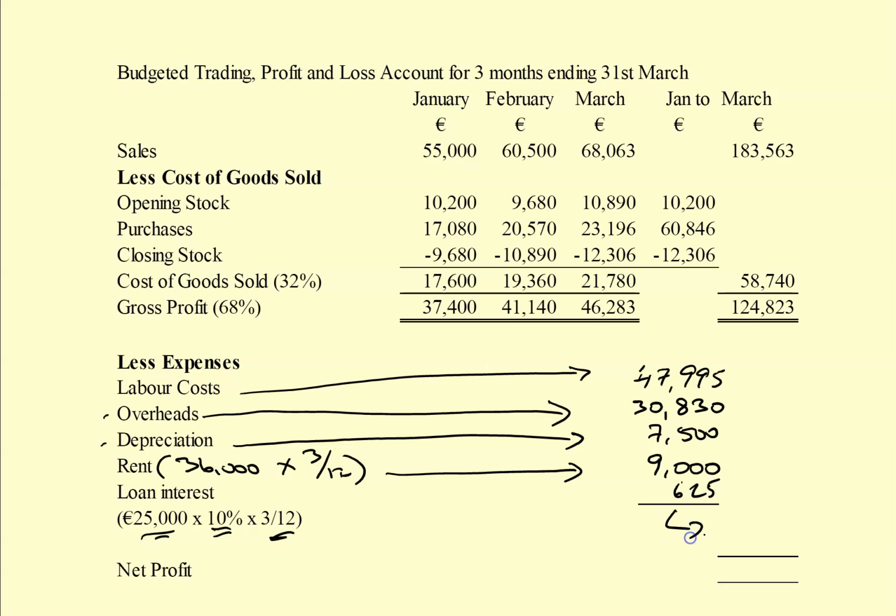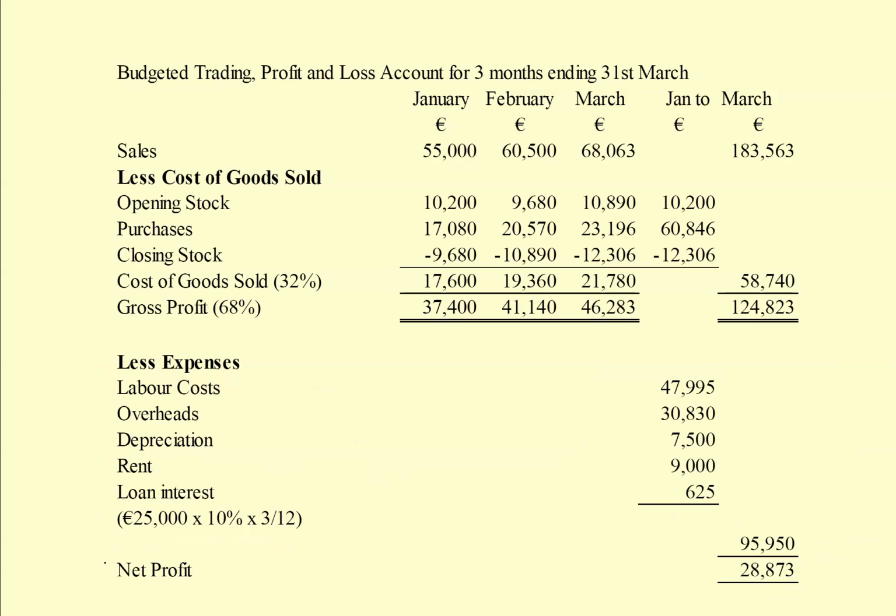Now, if I add all my expenses up, they come to 95,950, and then it's gross profit minus the expenses gives us the net profit of 28,873. Now what I'm going to do is tidy this up here, and that's it.